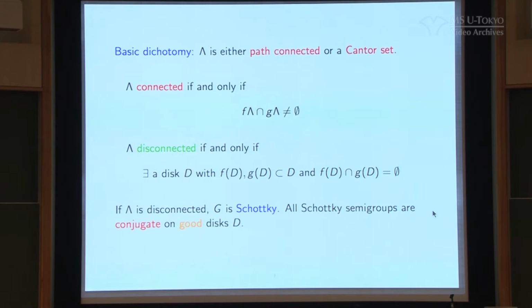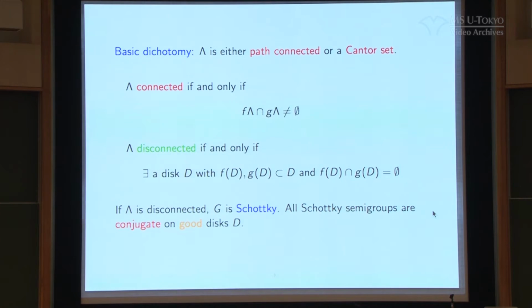So these limit sets are disconnected if and only if there's a disk, in fact a topological disk, for which the images under the generators f and g are contained in that disk and disjoint from each other. A closed disk. So such a disk, if you can find it, call it a good disk. It's not going to feature much in this talk.